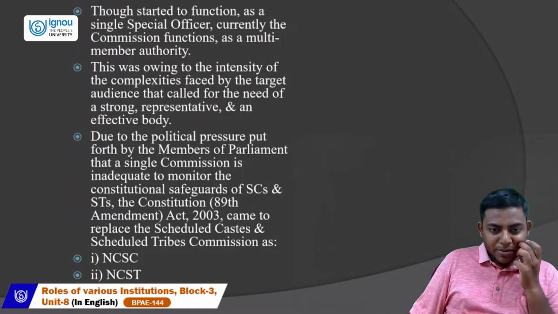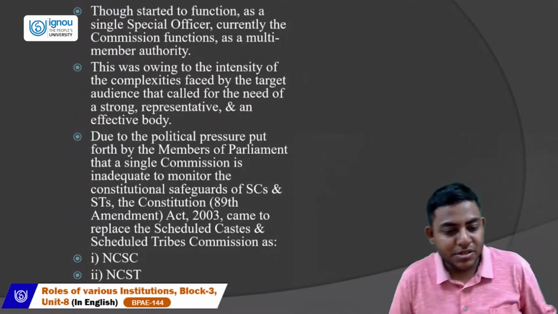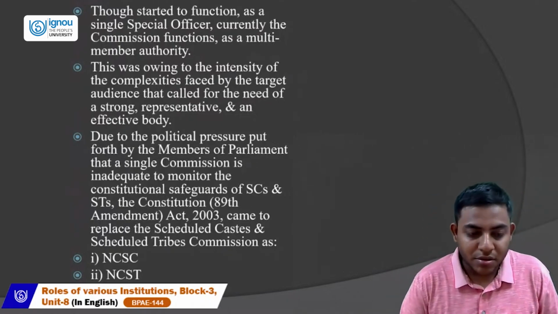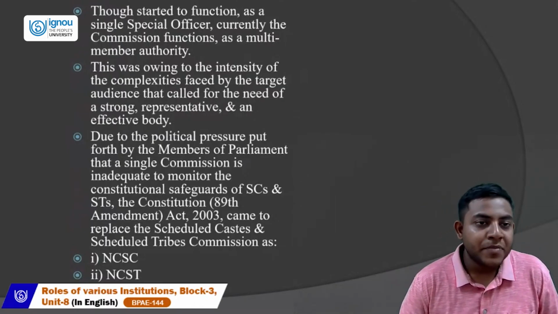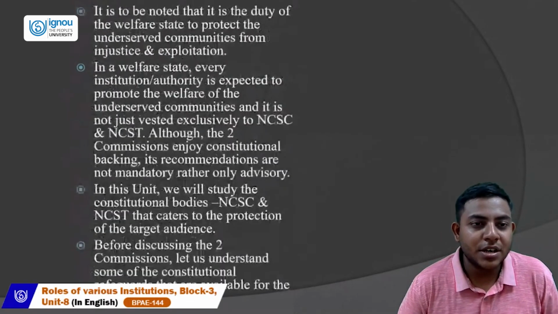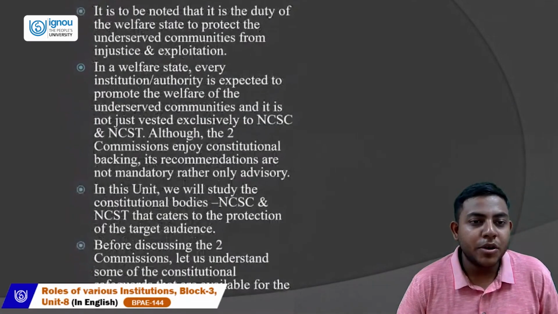Due to the political pressure put forth by members of parliament that a single commission is inadequate to monitor the constitutional safeguards of Scheduled Castes and Scheduled Tribes, the Constitution 89th Amendment Act of 2003 came to replace the Scheduled Castes and Scheduled Tribes Commission with the National Commission for Scheduled Castes and National Commission for Scheduled Tribes.